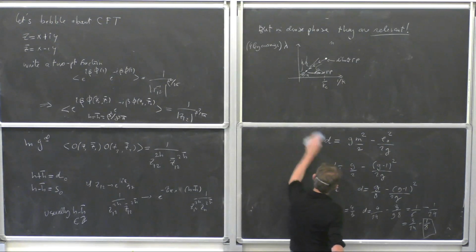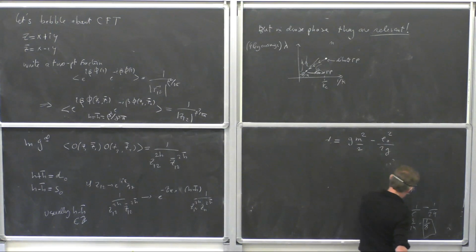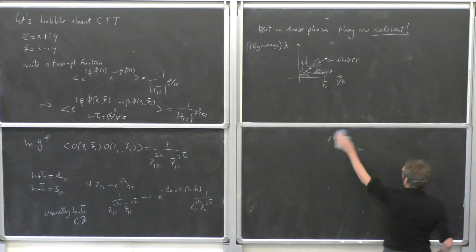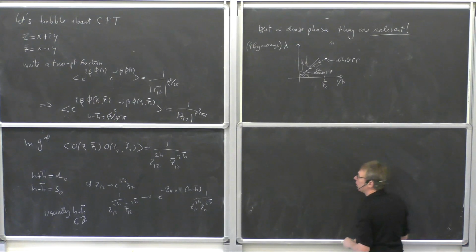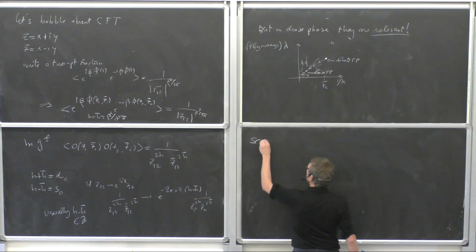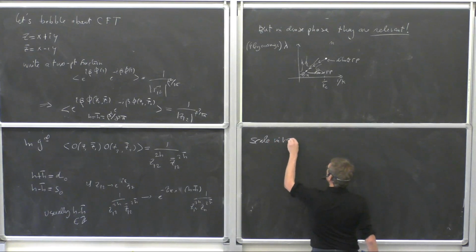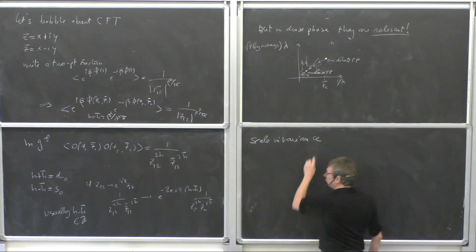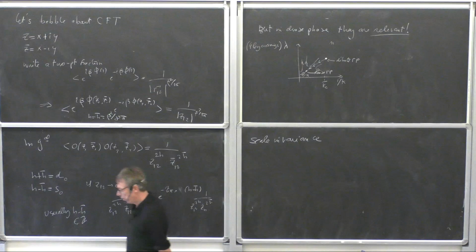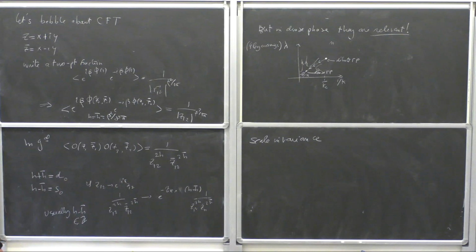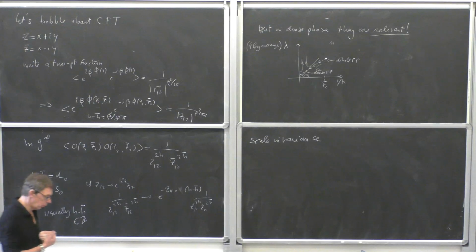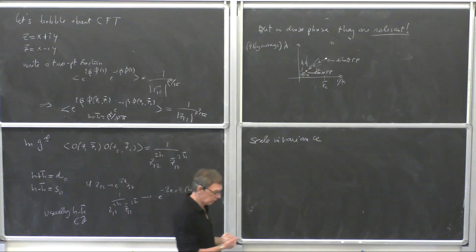And now let me make some very dumb observations. First of all, comment a bit about scale invariance. So there is already a little ambiguity here. When we say scale invariance, we really mean that the theories at the fixed point of the renormalization group, if you know what I mean.